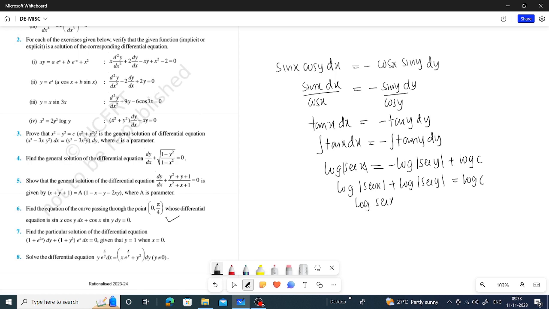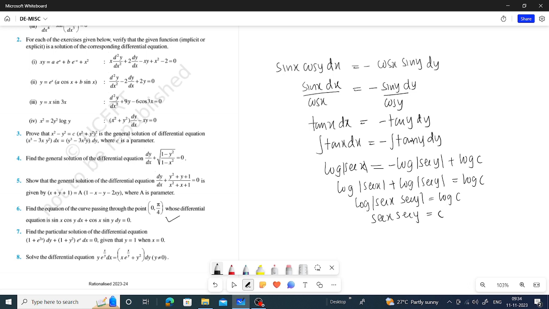Logarithm of sec x sec y equal to log c. So sec x sec y is equal to c.